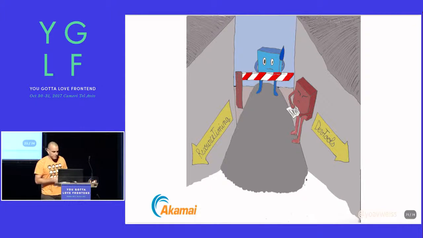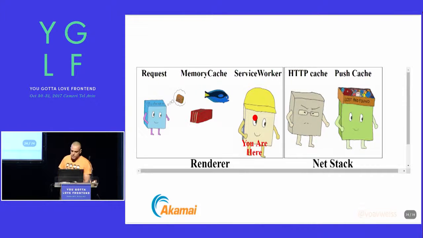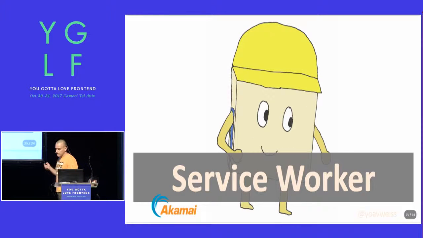And after that registration, the request continues on to the service worker. And service workers, as I'm sure you've heard, are an extremely powerful in-browser JavaScript proxy, which enables you to manipulate requests and responses. As such, they have their own cache API, which is explicit.